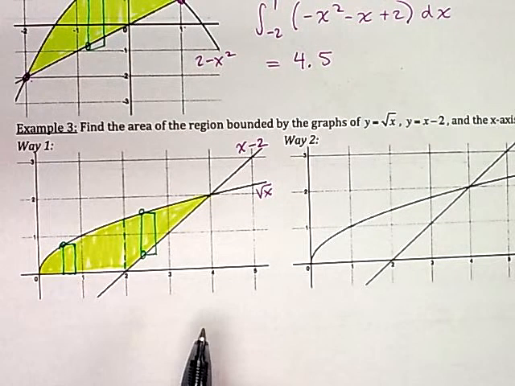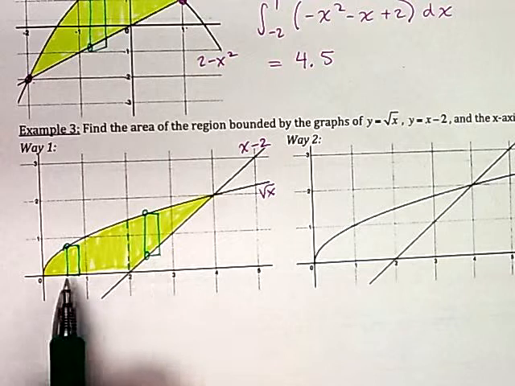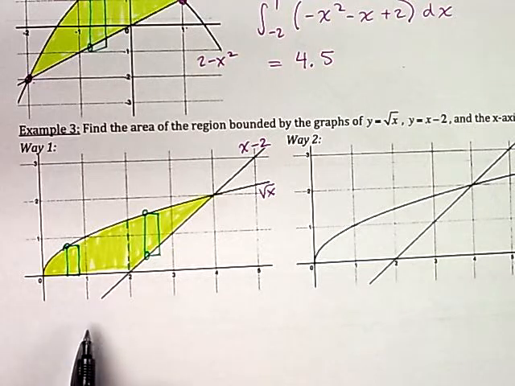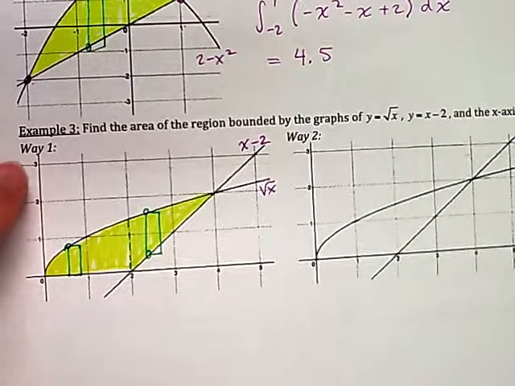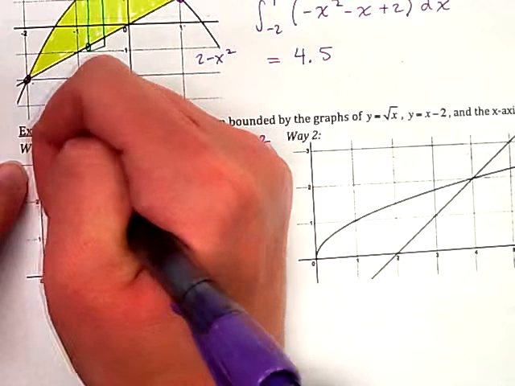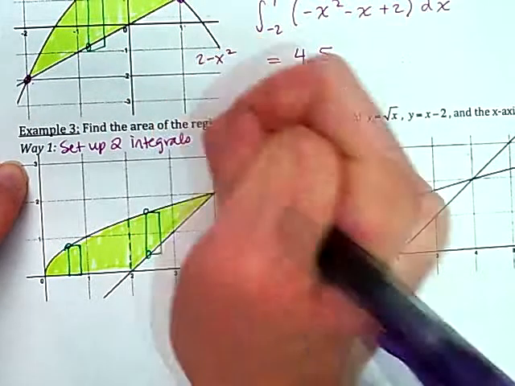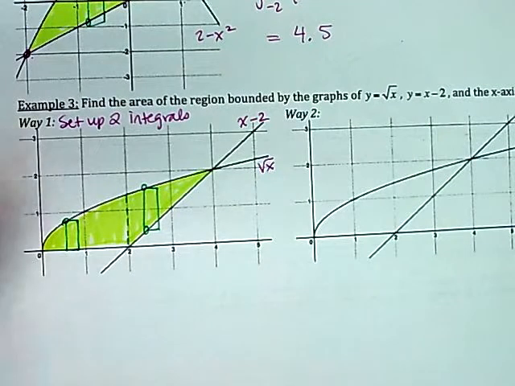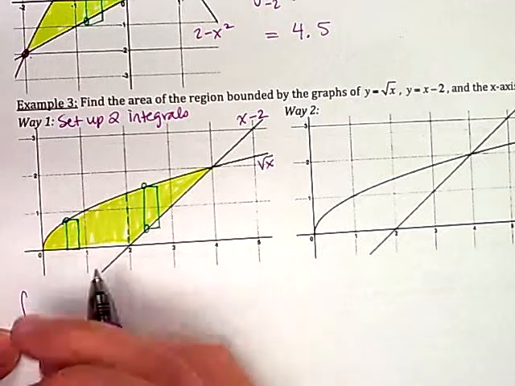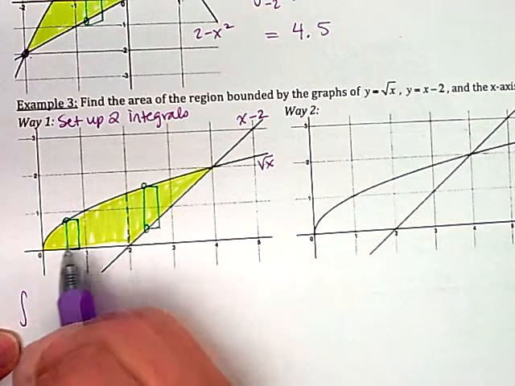Since the heights are different, there's a different equation for the height in the two different chunks, so one way of doing this is to set up two different integrals, and that's what we're going to do here. So way 1 is set up two integrals. The first integral would be just before the dashed line, so from 0 to 2.